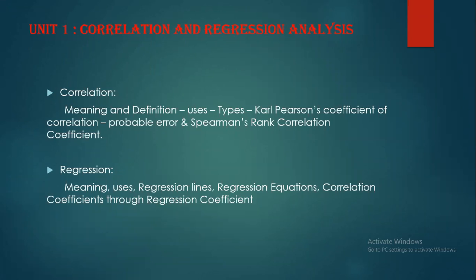What is meant by correlation? Correlation simply tells us the relationship between two variables, either X or Y. Variables are two data points representing the entire data.